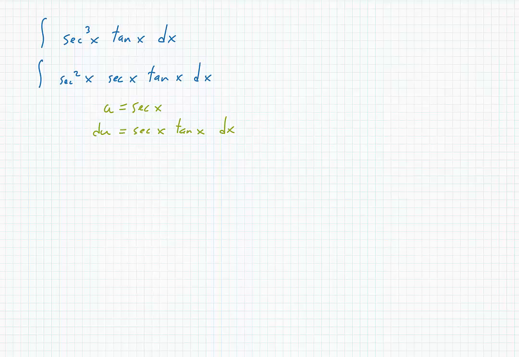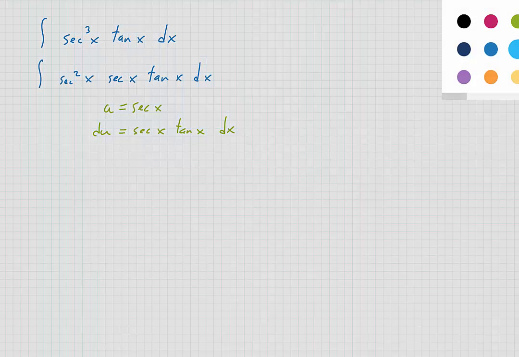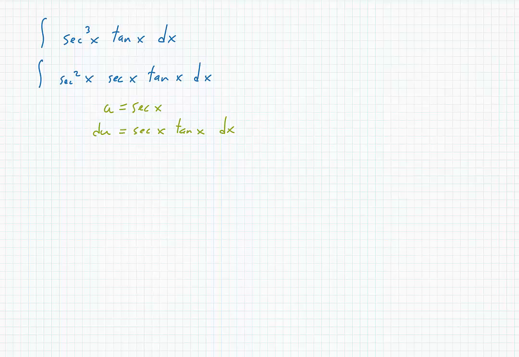So these things can look a little bit funny in the trig world, especially I think because of the way that we tend to write trig exponents. But sometimes just follow them through and see what happens. So I don't need to do anything with the constants here. I can go straight to my substitution. So I'm going to end up with the antiderivative of u squared, that's secant squared, times du, that's the secant x tangent x dx.